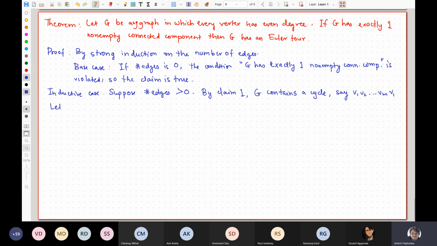Let C be the set of edges traversed by the cycle, which is V1V2, up to Vm-1 Vm, and Vm V1.